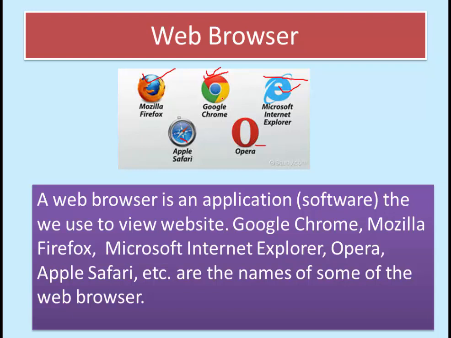A web browser is a software that allows you to browse through the web pages and explore all the web pages you want. So internet, www, and web browser are terminology we generally use when we talk about the internet. It should be clear to you.